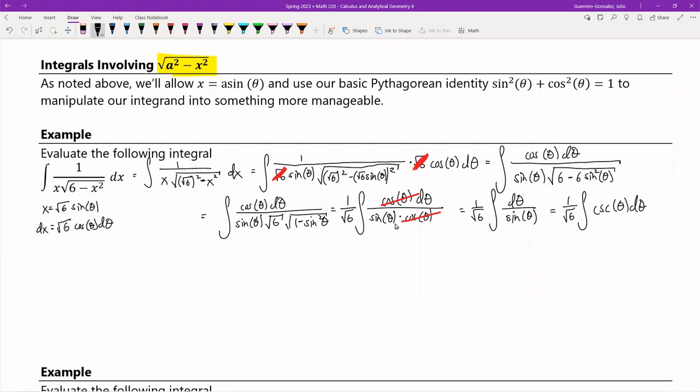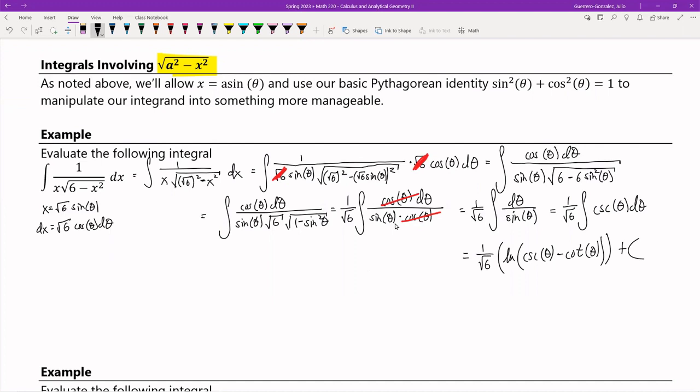I'm going to do it over here because I'm going to need some more room down here. It is going to be 1 over square root of 6 times ln of cosecant theta minus cotangent theta, plus c.